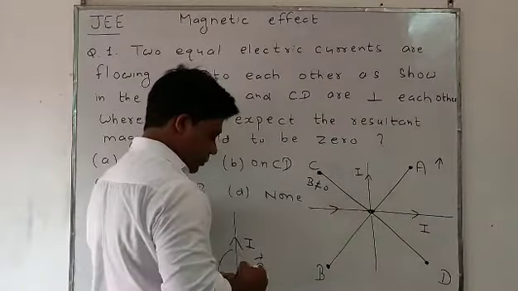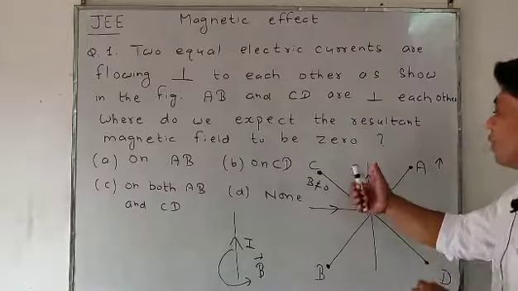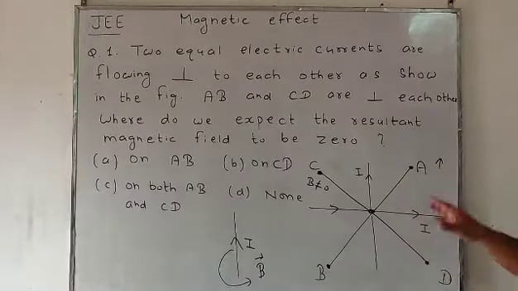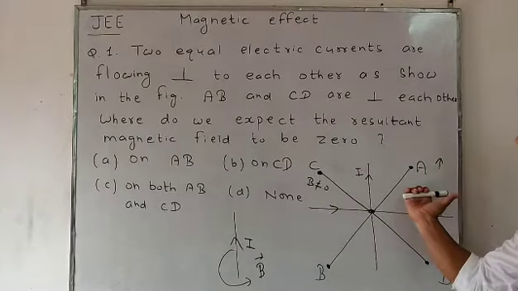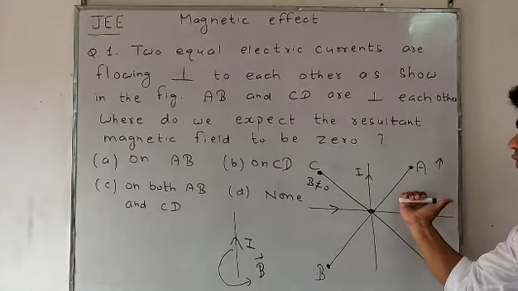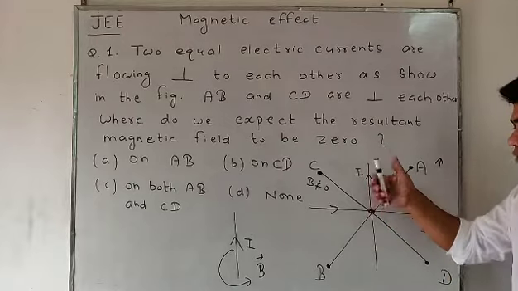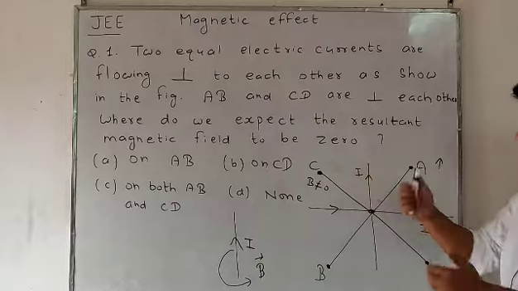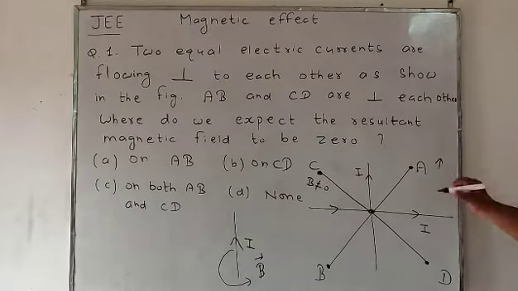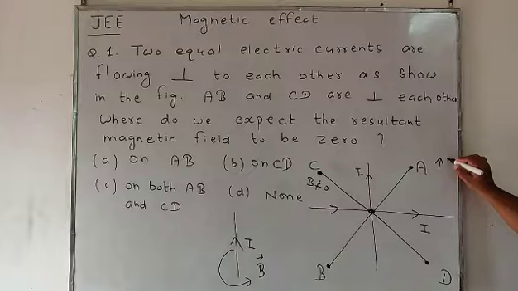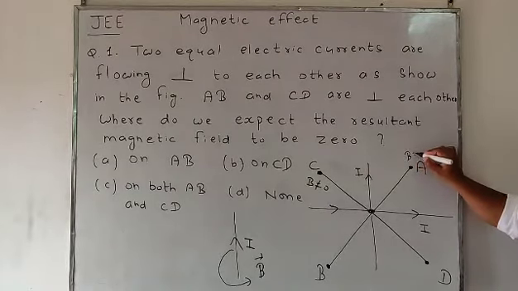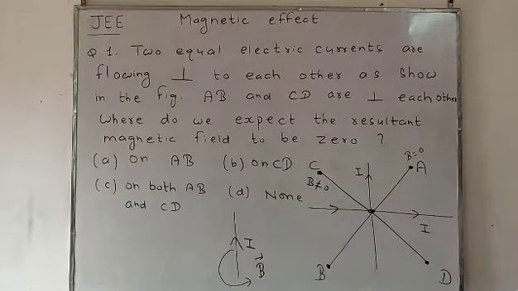And due to this wire, when we hold it, this is the magnetic field going out. So for point A, due to this wire, the direction of the magnetic field is outward. And due to this wire, with the thumb showing the direction of current, it is inwards. So one is outward and the other is inward. These will cancel each other, and the net magnetic field will be zero at point A.